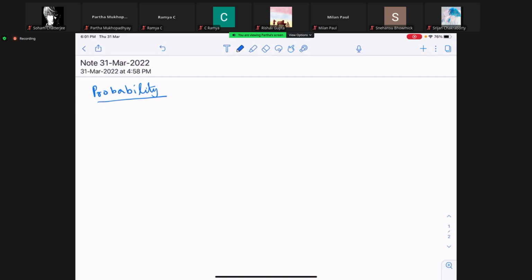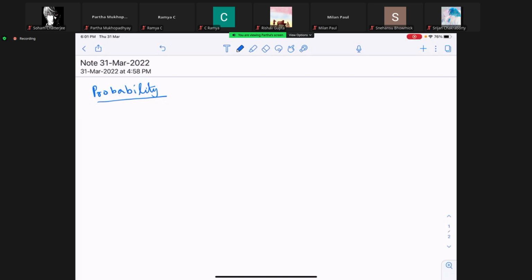Which book are you following there? Grimmett. Okay, since probability is also a part of discrete math, I don't know how these things are put in the same semester, because that is probably offered from the maths department. So I will not go into probability from scratch, because I expect that you already have enough background.